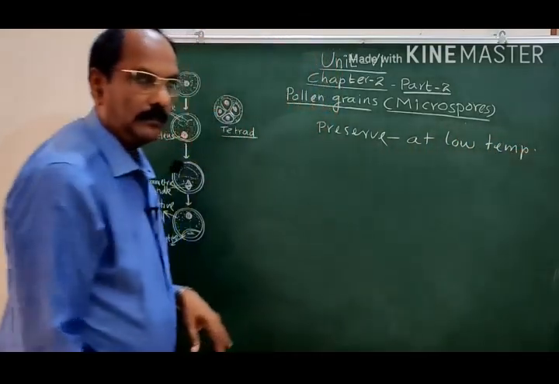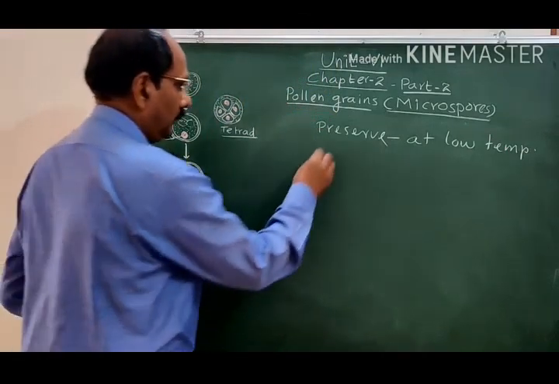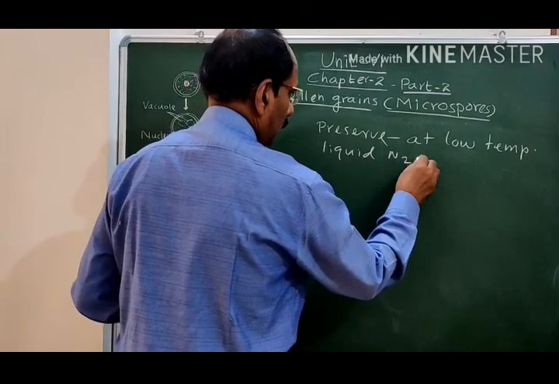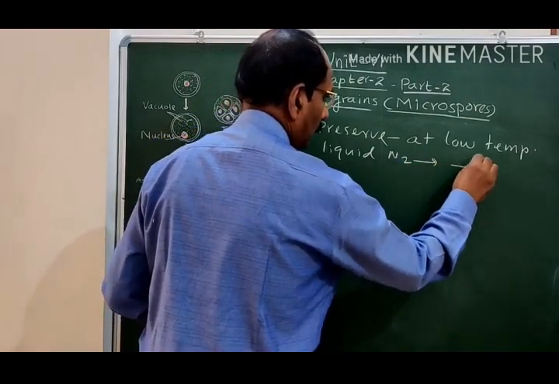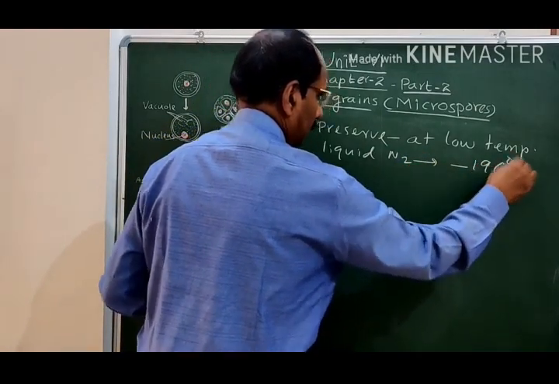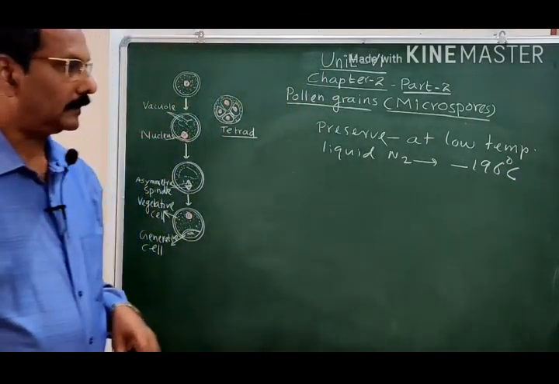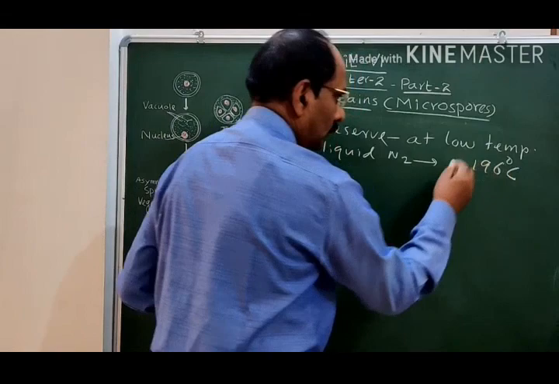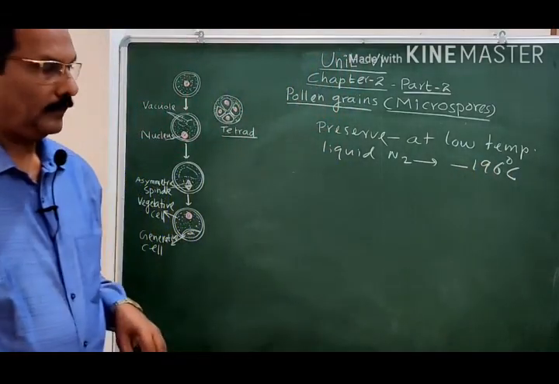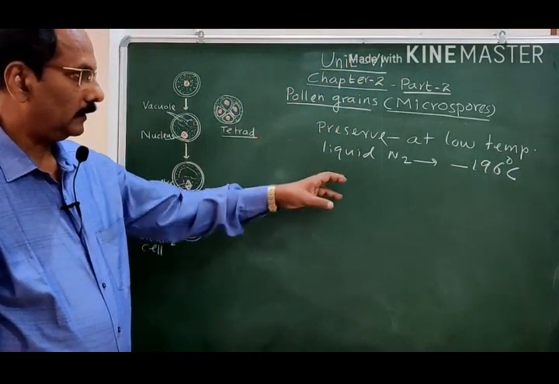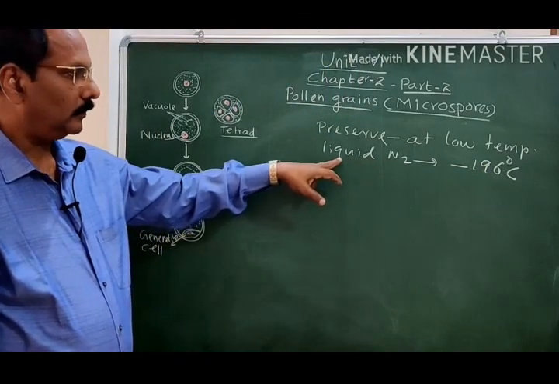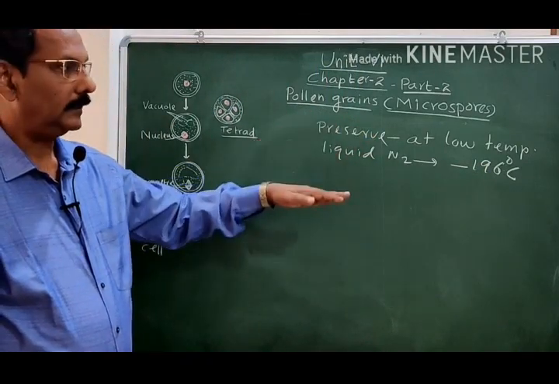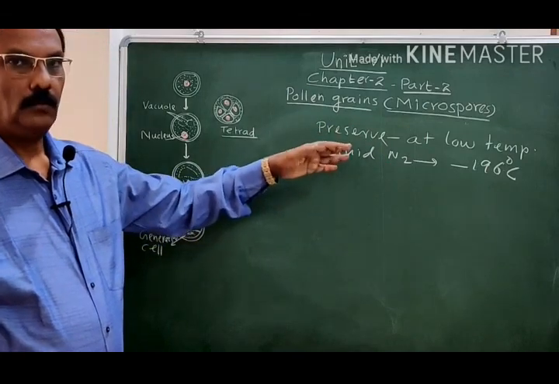Low temperature means liquid nitrogen. Using liquid nitrogen, we can lower the temperature to minus 196 degrees centigrade, and at minus 196 degrees centigrade the pollen grains can be stored for many years.